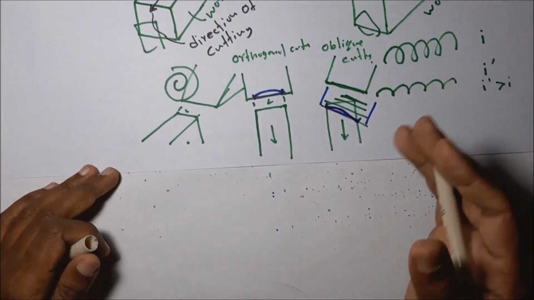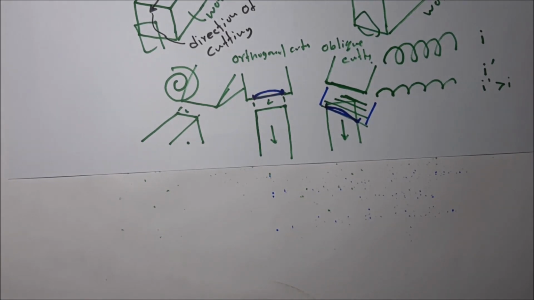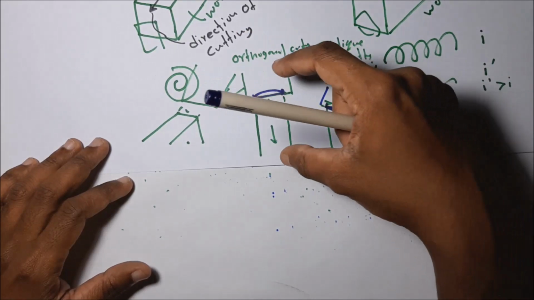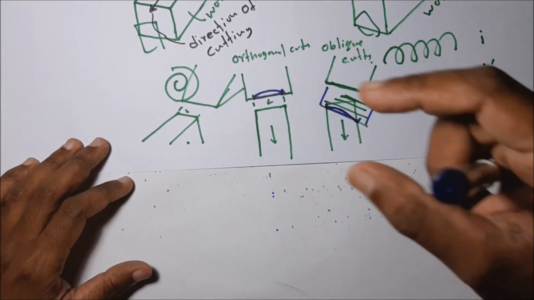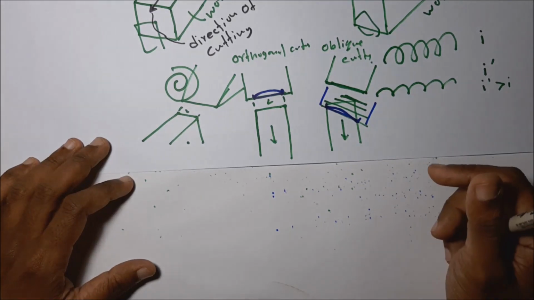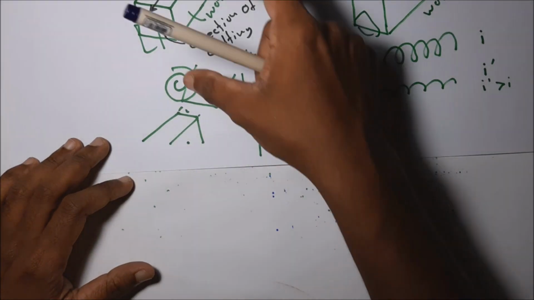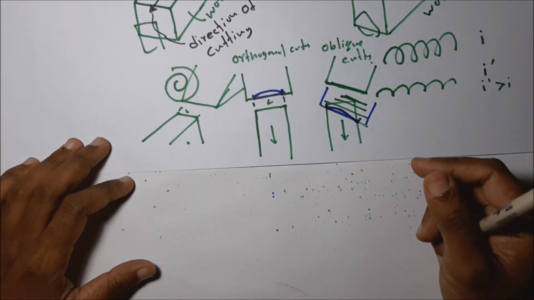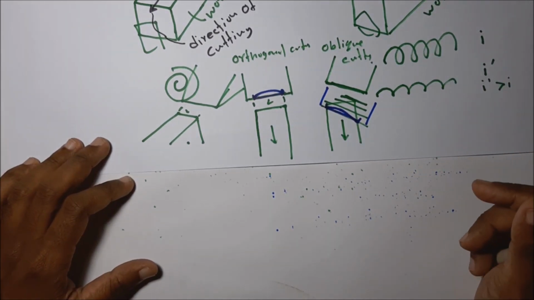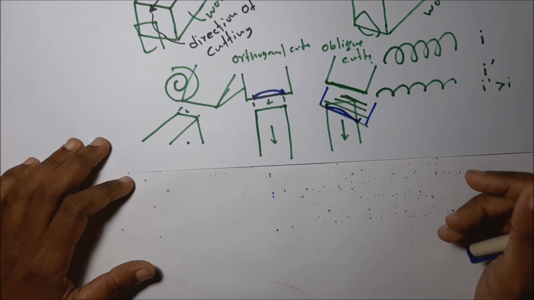These are the advantages and disadvantages in oblique cutting and orthogonal cutting. As the advantage in orthogonal cutting, we can easily analyze it, because all the force vectors and velocity vectors can be represented on a two-dimensional plane, so we can easily analyze and optimize. But in oblique cutting, it is difficult to analyze and optimize because three-dimensional vector analysis is needed.